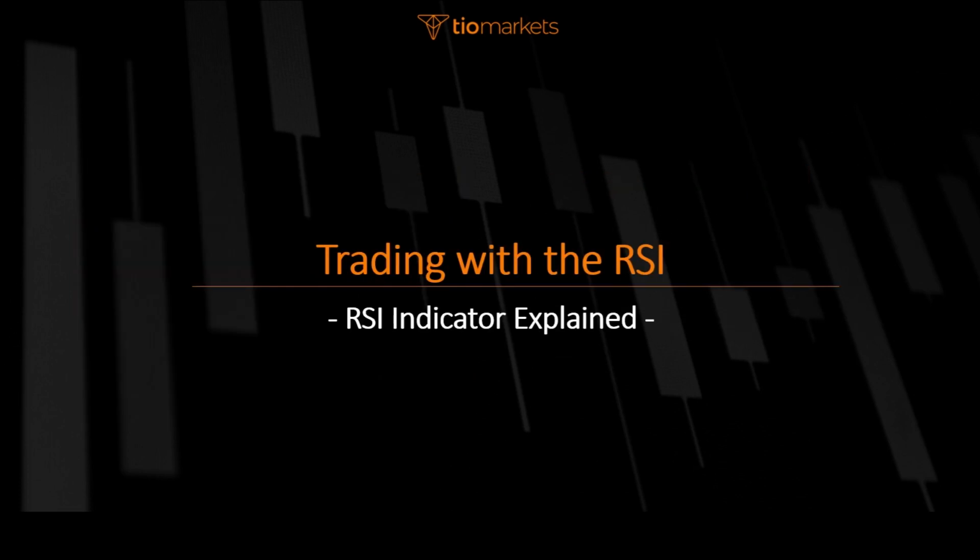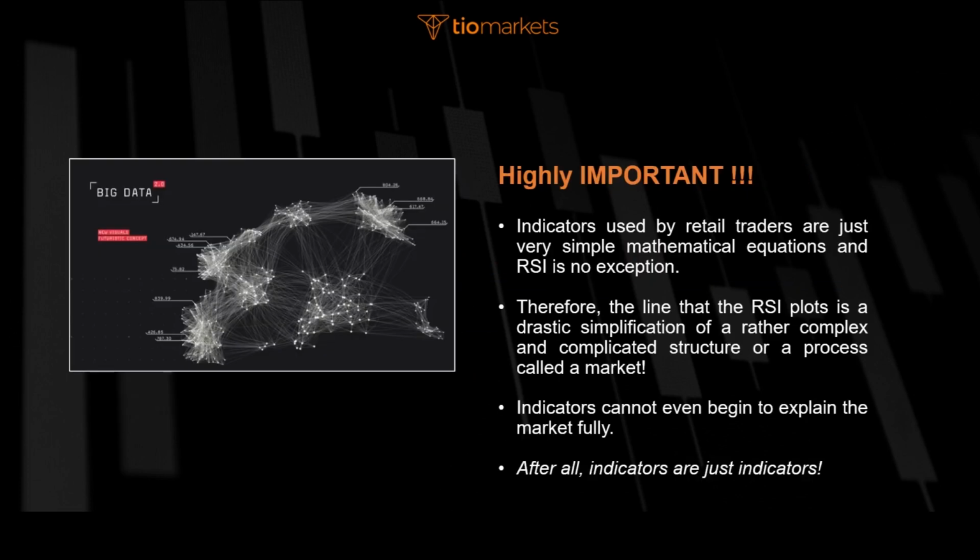So let's cover the basics first. There might be very complex and highly advanced indicators that institutional big money traders use. But any indicator that we use as retail traders is kind of simple.